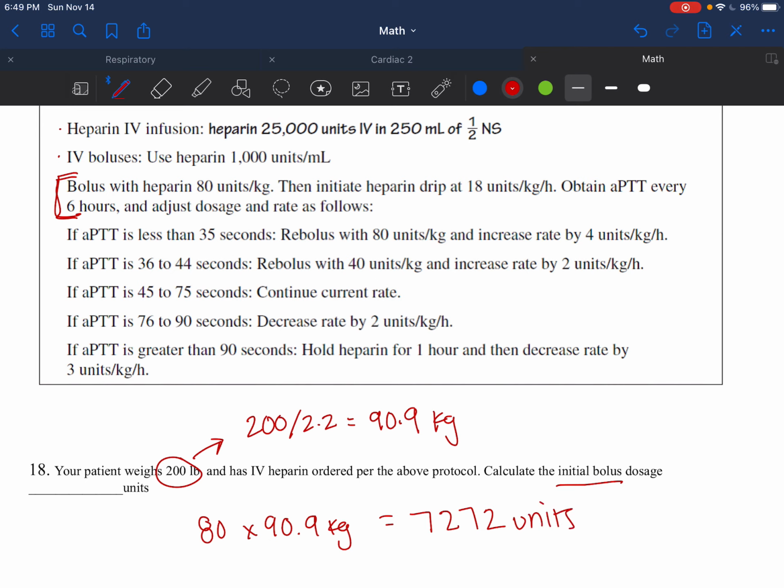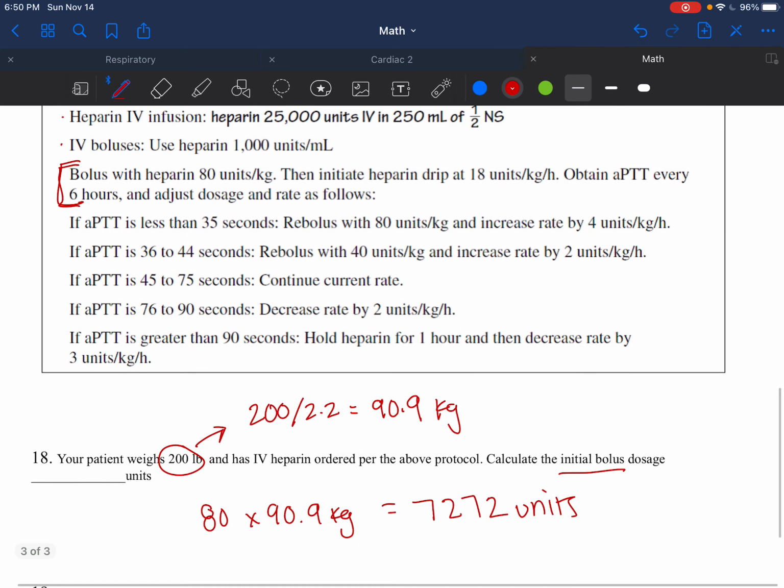So that is all there is to the first part, figuring out the bolus. The reason why this comes out to just units is if you have 80 units per kilogram and you're multiplying by kilograms, the kilograms cancel out. So all you have left is units.